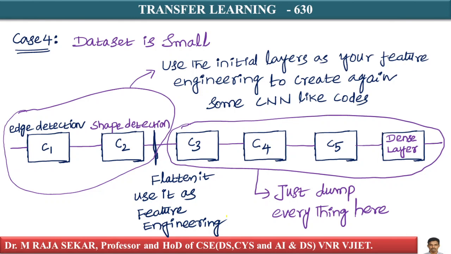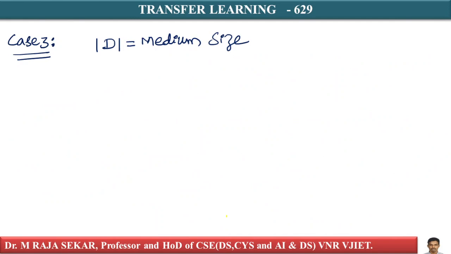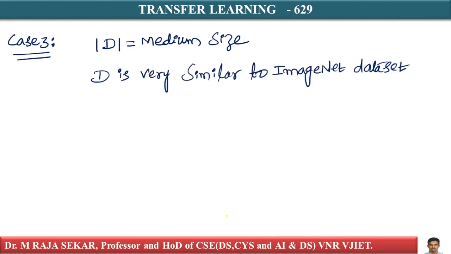Before understanding this lecture, I will recall my previous lecture, that is lecture number 629. Imagine if capital D, my data set, is medium sized and D is very similar to my ImageNet data set.